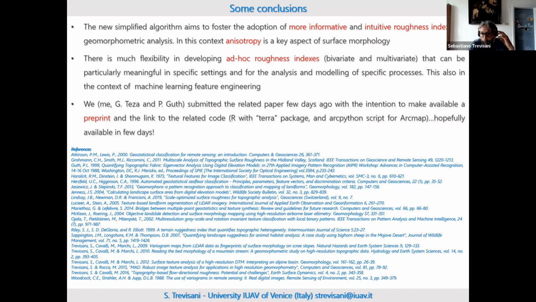You can find the link in Zenodo. I don't know, Peter, did you implement it also in MICRODEM? I think that you implemented the new version of the ruggedness index of Riley, if I'm not wrong.